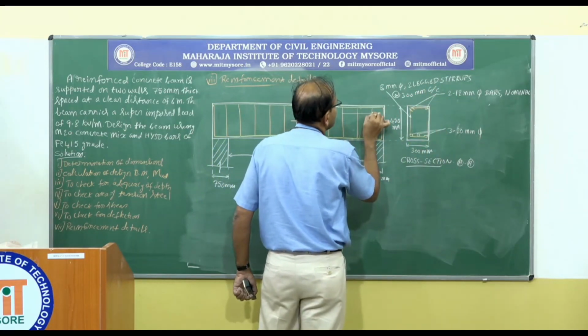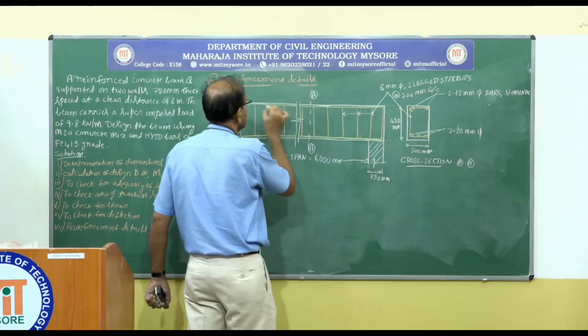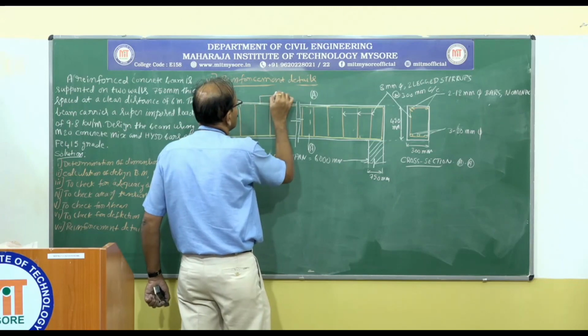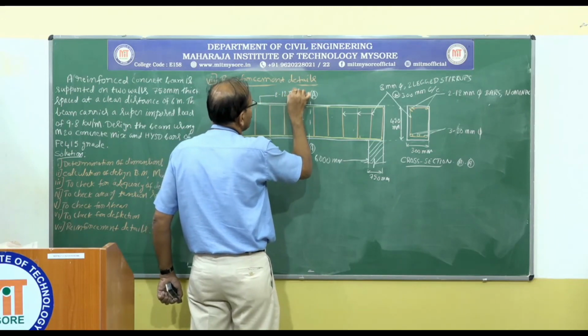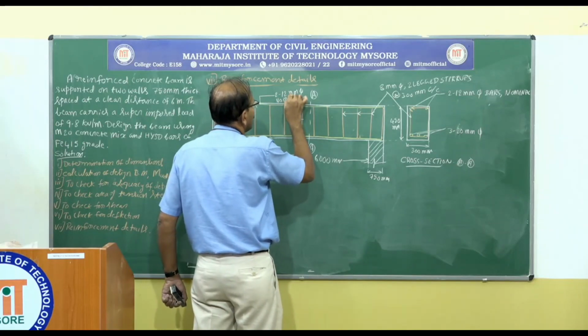Same thing here, same stirrups. This is 2 of 12 mm dia bars, nominal.